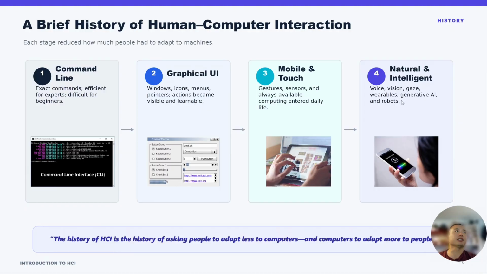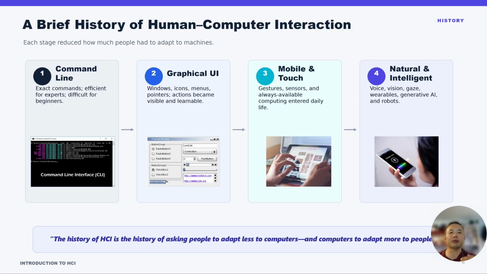The last phase is natural and intelligent. We interact with computers by voice command. We can directly talk to the computer, and the computer will understand our vision through gaze tracking, and also on the human body we have wearable devices, and we have generative AI and robots.